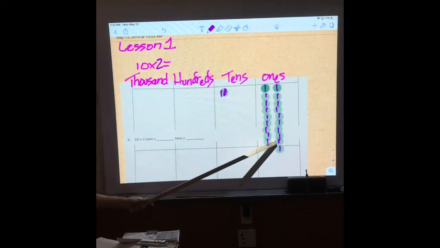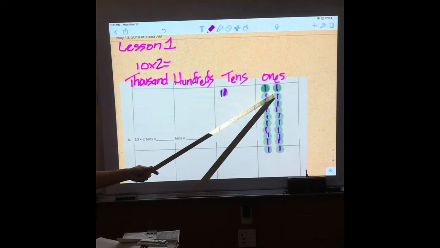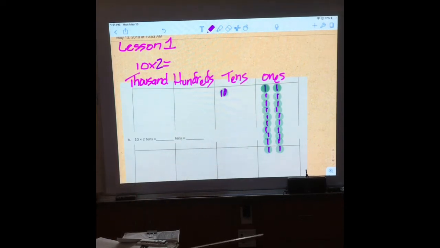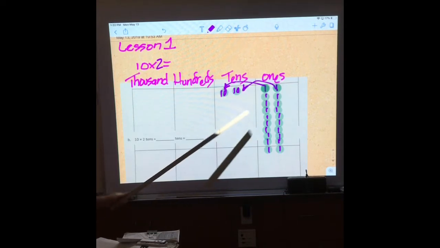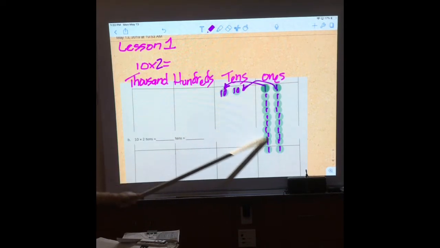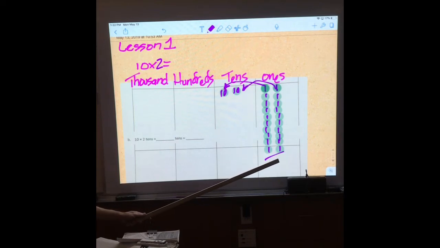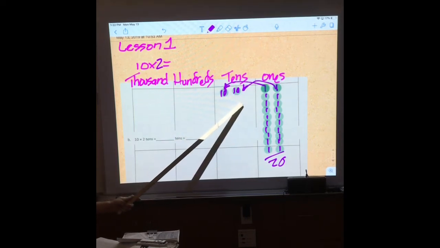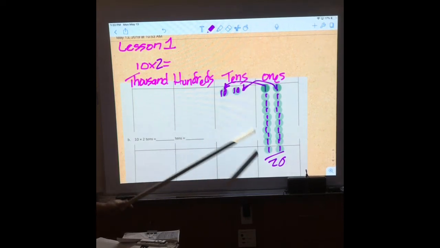How about this column of dots or discs? How would we represent that here? That's right, we would put a dot or a disc and we'd cash these out for 10. Our 20 dots, right? We have 20. We cash them out for 2 tens. It's the same thing, isn't it?